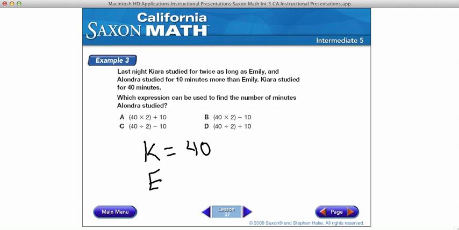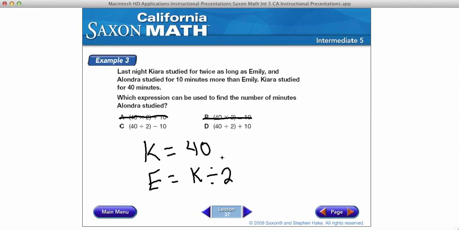So if Emily studied half as long, we're going to divide Kiara's time by 2. So that takes out A and B because I'm not multiplying. Emily didn't study longer, Kiara studied longer. So I know it's not B because it's not 40 times 2, it's 40 divided by 2. And then Alondra studied more than Emily.